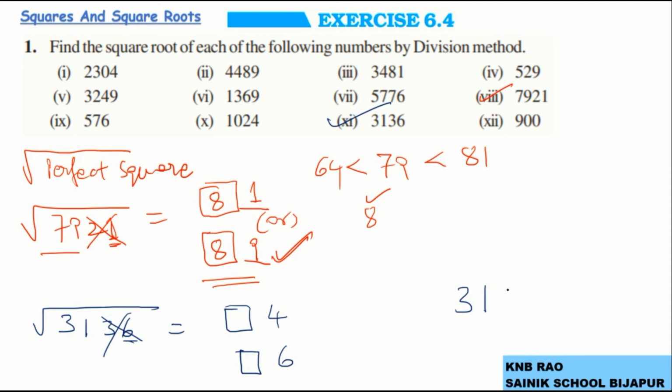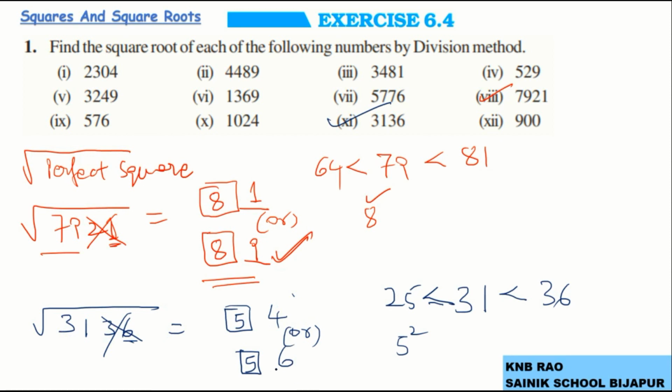Leftover digits are 31 and they are lying between perfect squares 25 and 36. Now 25 is the square of 5. Less than 31, that 5 is to be taken as the tens place digit. That means the square root of 3136 is either 54 or 56.